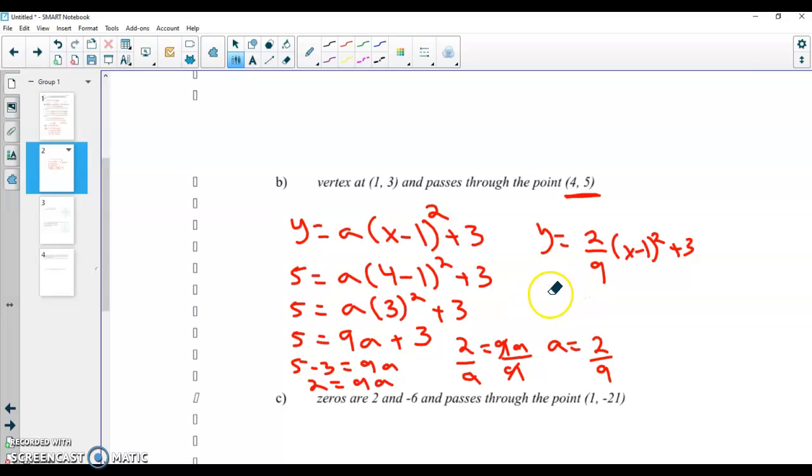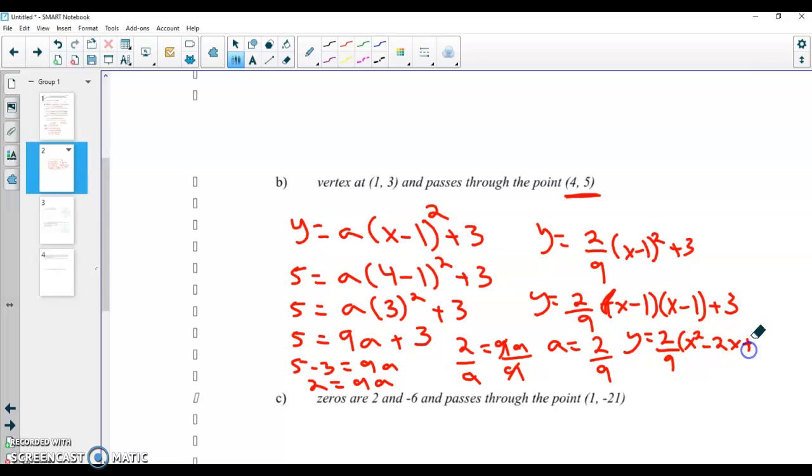So you would go ahead and expand that. y is equal to 2 over 9 times (x minus 1) times (x minus 1) plus 3, and then you would get y is equal to 2 over 9 times (x squared minus 2x plus 1) plus 3.